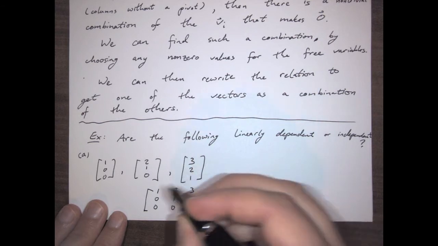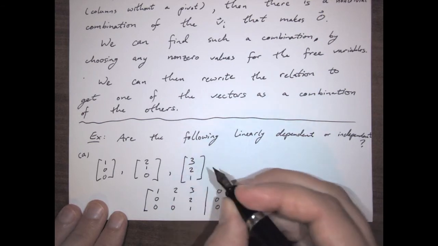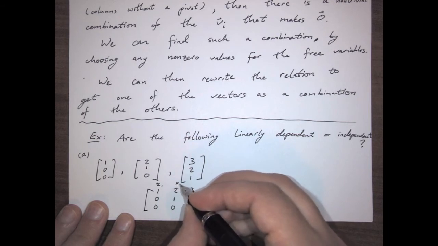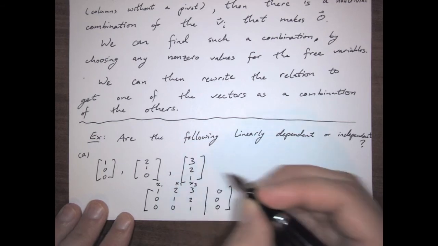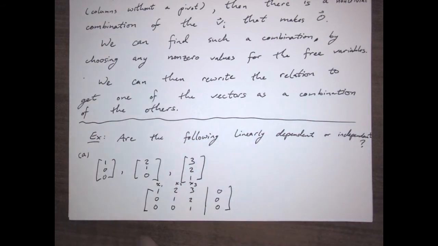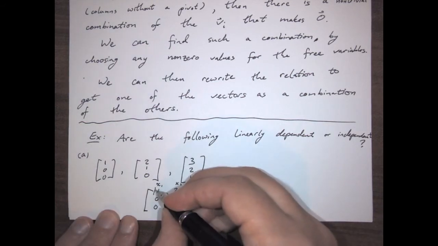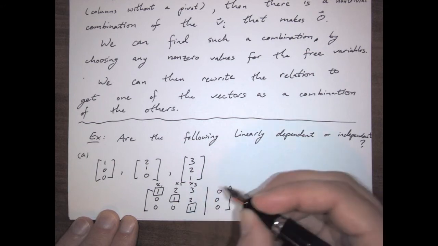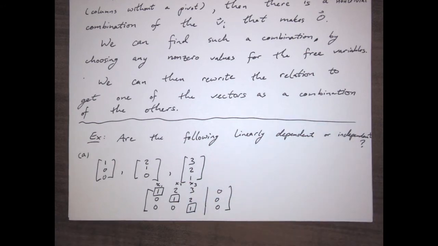Right here we can see that in the x1 column, x2 column, and x3 column, there are in fact pivots everywhere, without even row reducing it any further. Right now it's not in reduced form, but it is in echelon form.